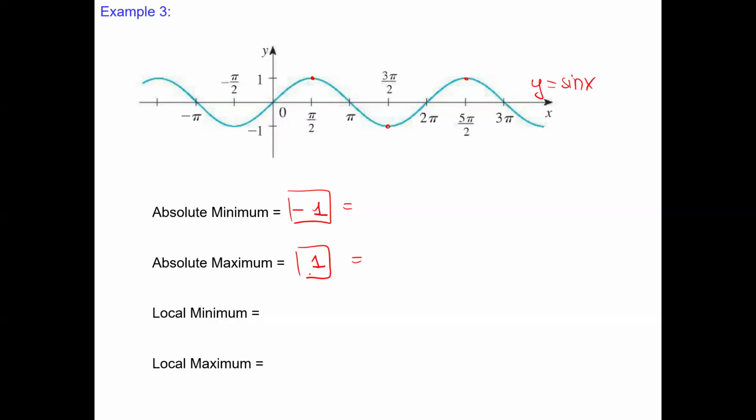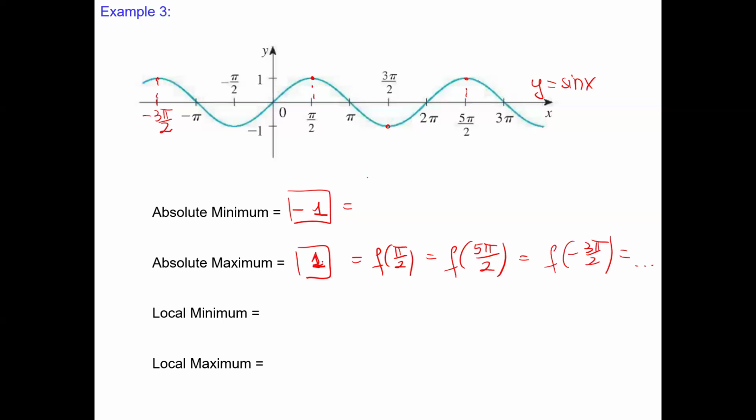For instance, 1 happens at pi over 2. It also happens at 5 pi over 2, or at negative 3 pi over 2, and so on. Every 2 pi the situation repeats. But what is the corresponding value?